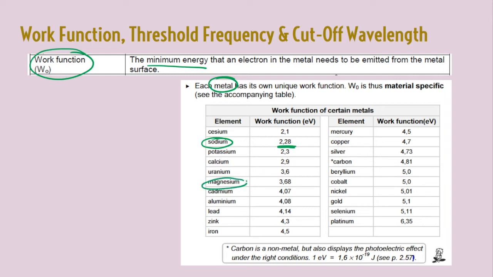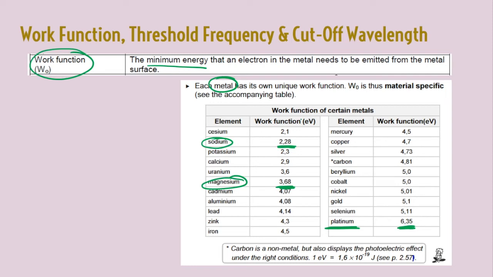But magnesium, which is a metal, has a work function of 3,68. Platinum has a work function of 6,35. That tells us that the electrons in platinum require more energy to be released from the metal than the electrons in sodium.